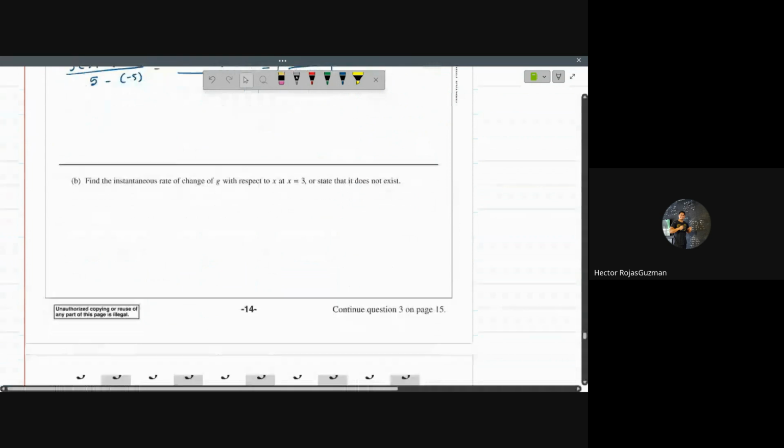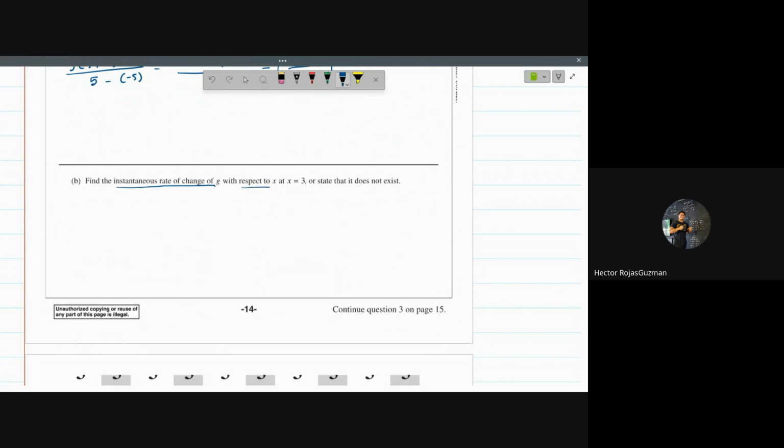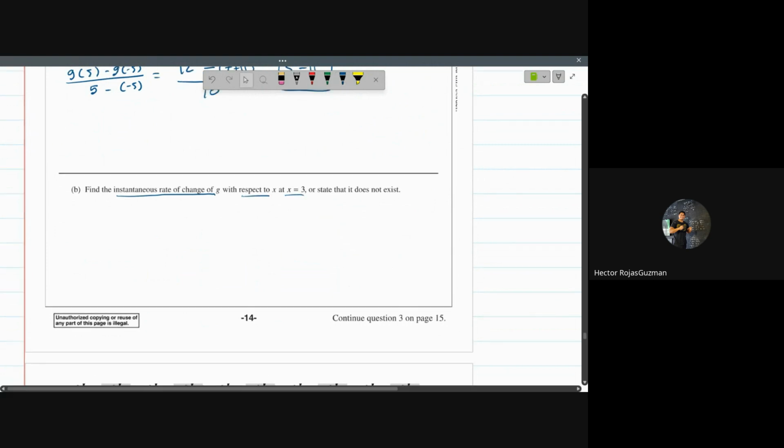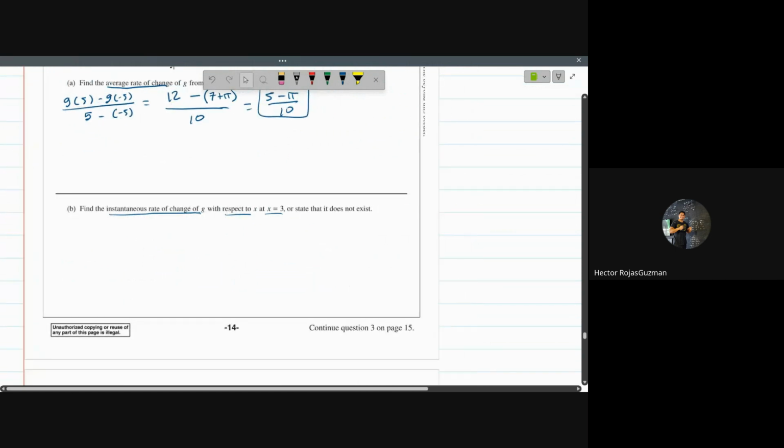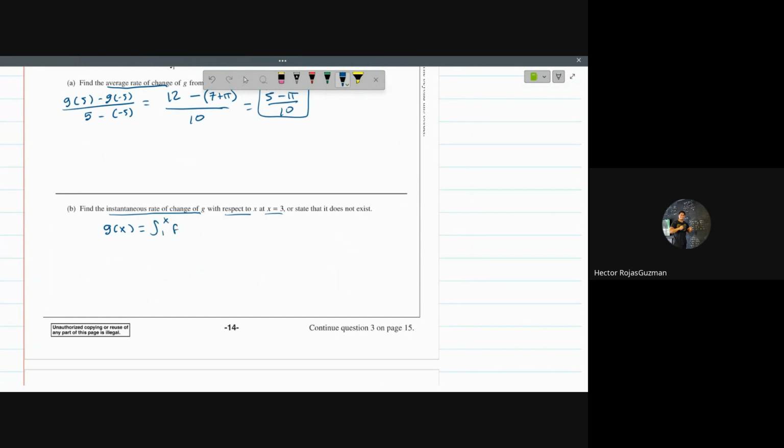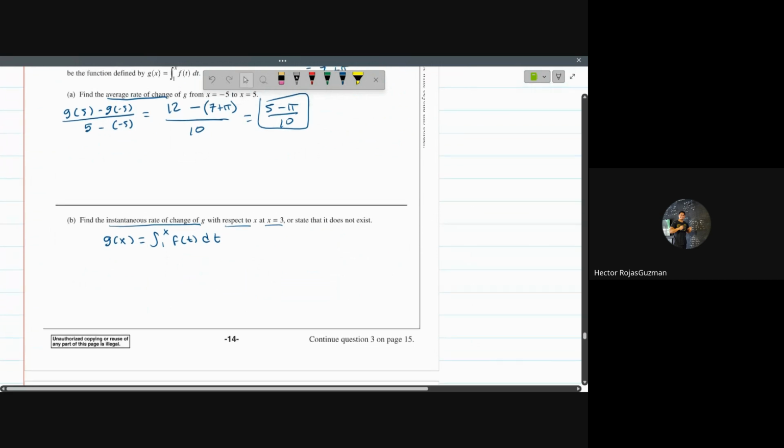Okay, part B. Find the instantaneous rate of change of g with respect to x at x equals 3. Well, let's start with what we know. We know that g of x equals the integral from 1 to x of f of t dt. So the instantaneous rate of change is g prime.